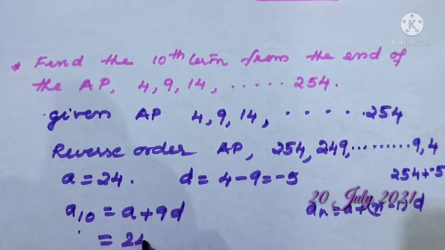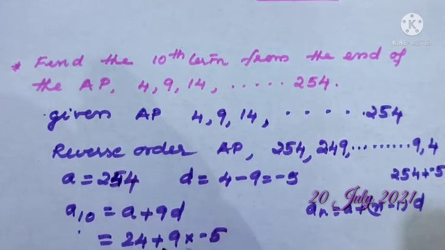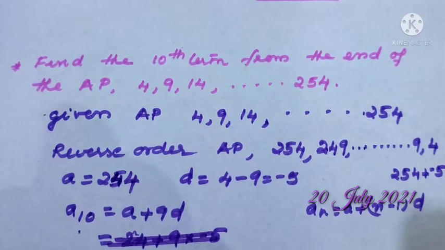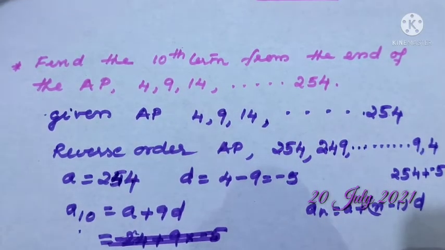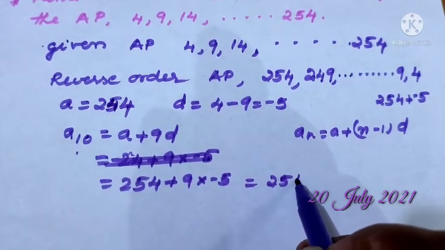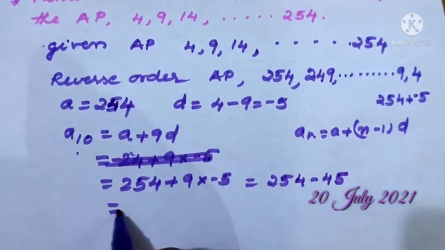So 254 plus 9 into minus 5 equal to 254 minus 45, it's equal to 209.